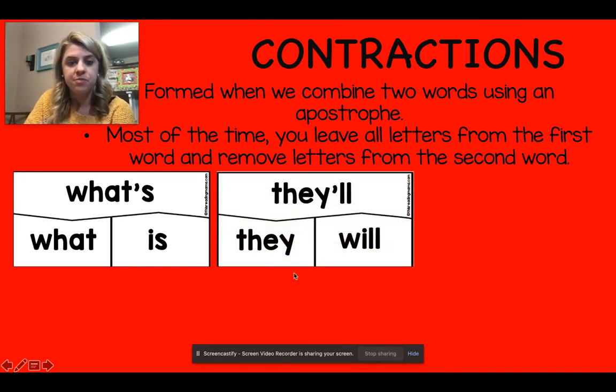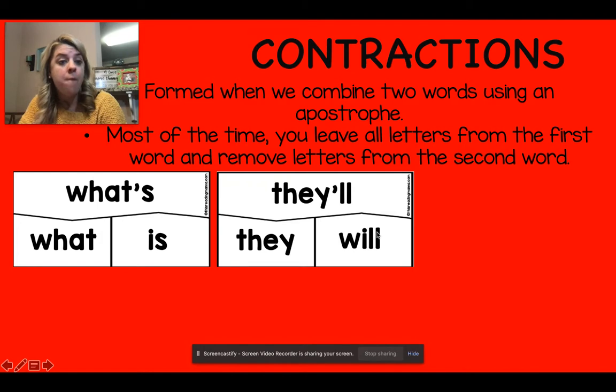Let's go to the next one. Another very common word to make a contraction with is the word will. So in this word, we are using the words they and will to make the word they'll, okay? They will becomes they'll, okay?